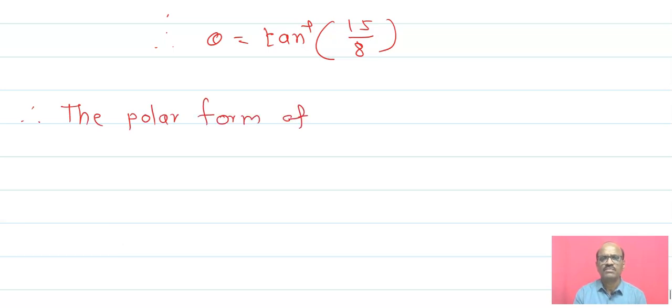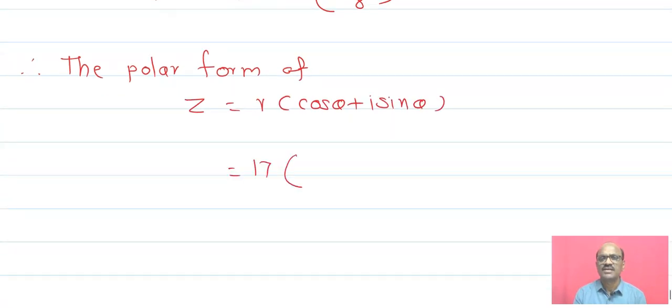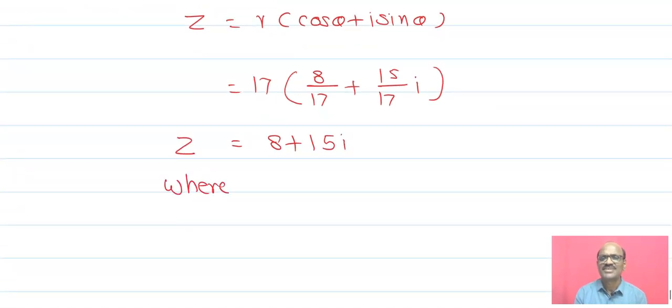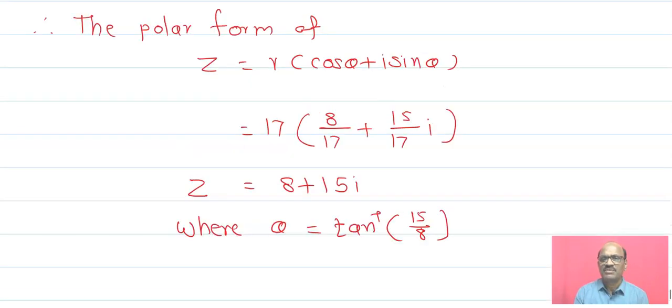The polar form of z is equal to r (cos theta plus i sin theta), r is 17, that is 8 upon 17 plus 15 upon 17 i, that is 17 will get cancelled, again you will get z is equal to 8 plus 15i, where theta is equal to tan inverse of 15 upon 8.